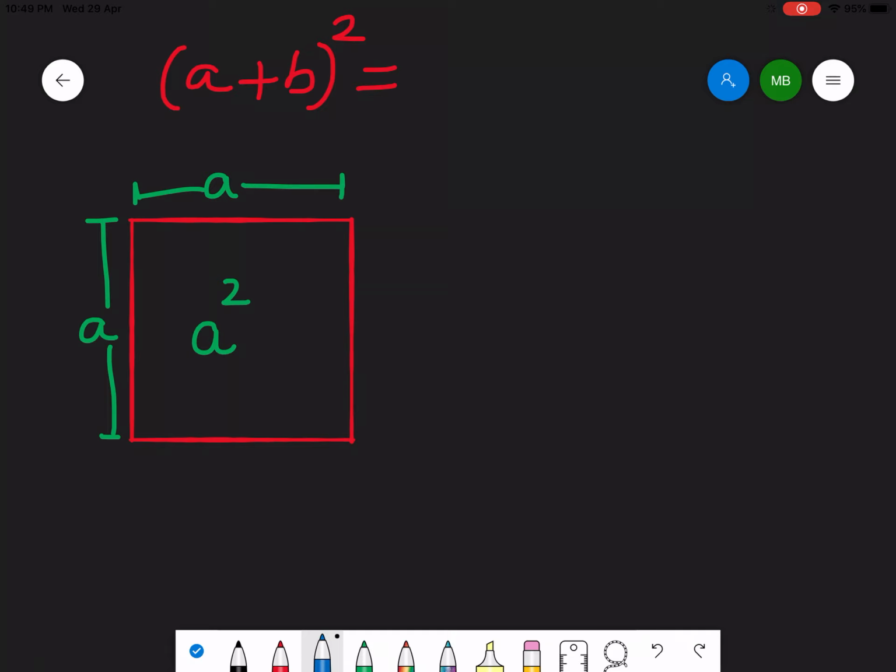Okay, now if I add to this line segment of length a another line segment of length b, and if I want to add a square of side b by b, let me add it here.